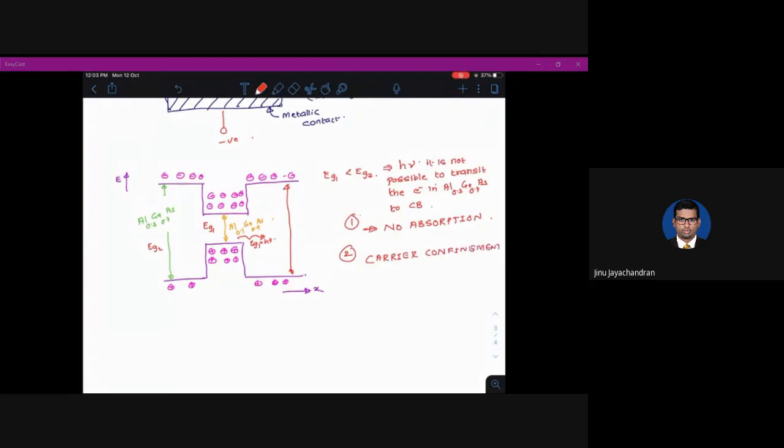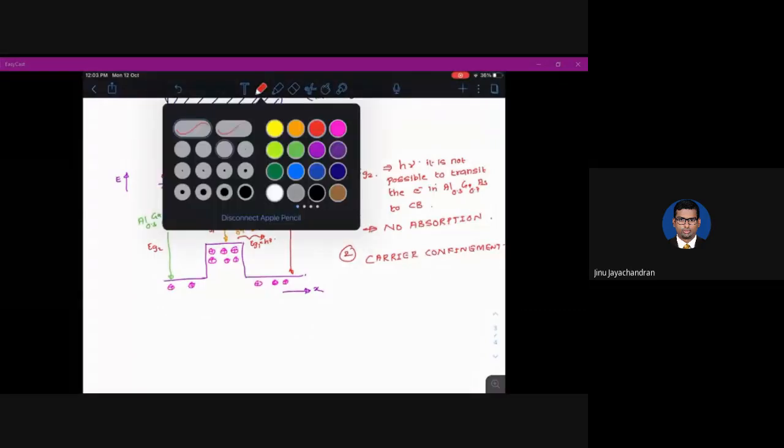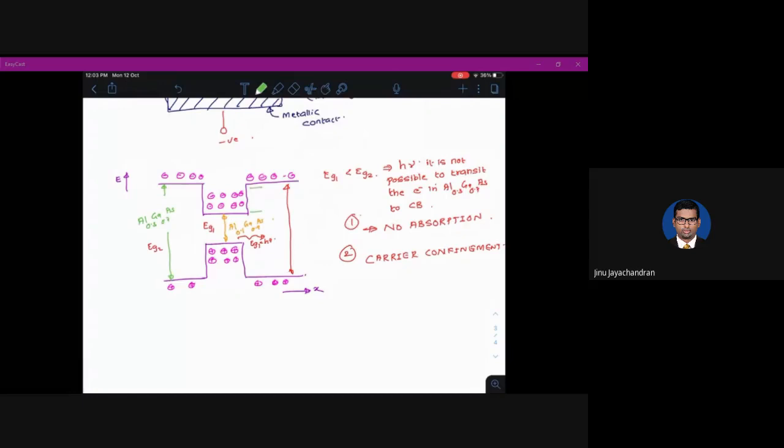What do you mean by that? Because of the quantum well, when the current is given to the PN junction or the heterostructure, the electrons will move into the well and they will stay in that well because it needs a high energy to come out of the well, which is around this much, which is very high.